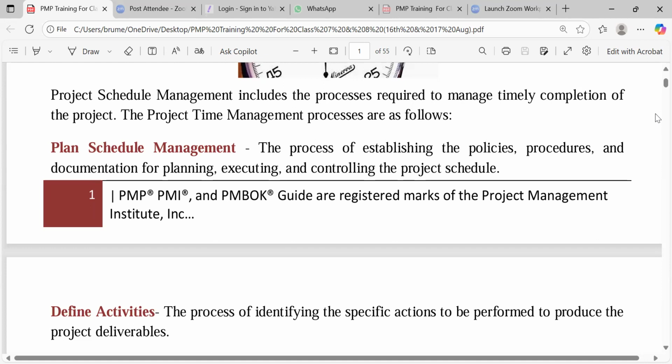Project schedule management is the process of establishing policies, the process of establishing procedures, and we will be making documentations in this process for planning, executing and controlling the project schedule.